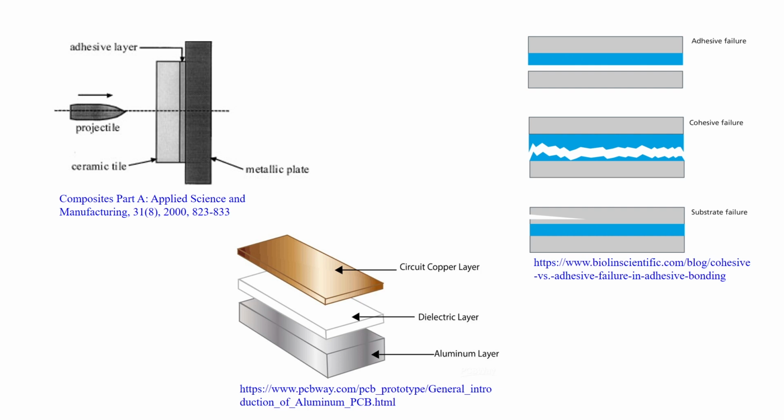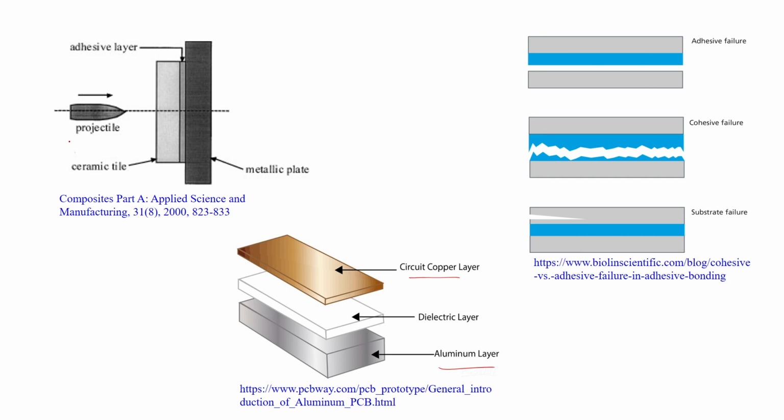For example, here we have a dielectric that is sandwiched between this circuit copper layer and this PCB, aluminum layer, and then this adhesive layer remains in between, bonding them. So, that is an important situation where an adhesive remains sandwiched between parallel plates. So, the adhesion between these two plates by this thin layer of glue becomes important.